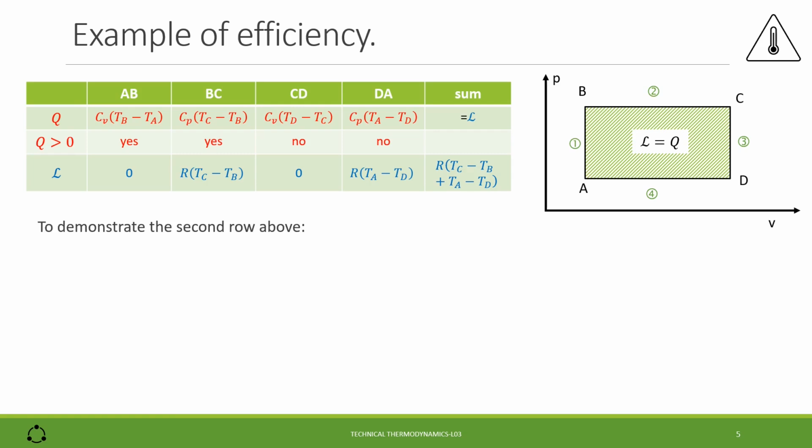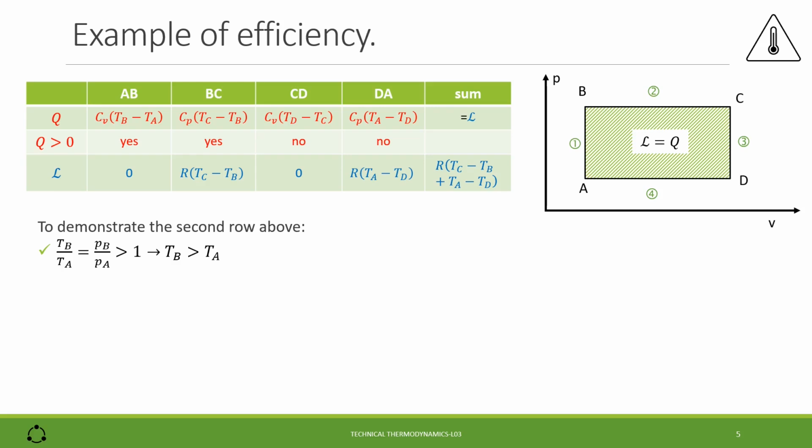And then we need to demonstrate that the heat of the transformations AB and BC is positive. To do that, we consider the transformation AB, that is isochoric.